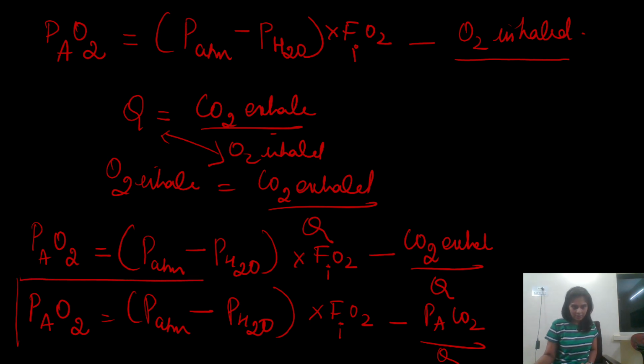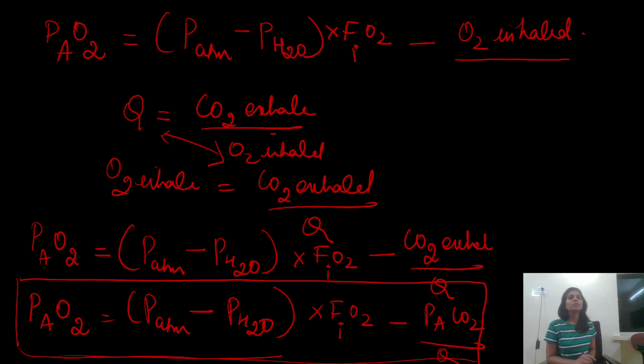And isn't this the equation which I told you when I started about the alveolar gas equation? Yeah, which made you all get confused, get threatened. But actually it's a simple equation. Okay, so I'm going to write the alveolar gas equation again, and we are going to meet the last objective wherein we are going to find the answer for the question which I posted.